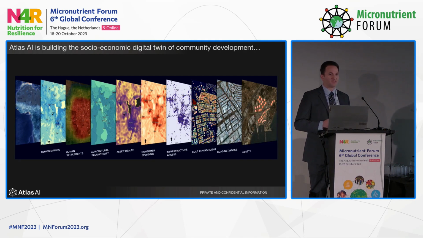Over time, we realized that asset wealth or spending power or agricultural use was not by itself enough, and so the team has worked to expand the use of these techniques to measure as much about community development as possible around the world.